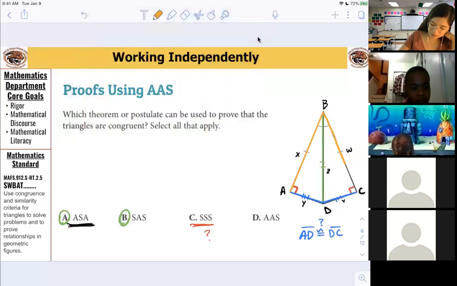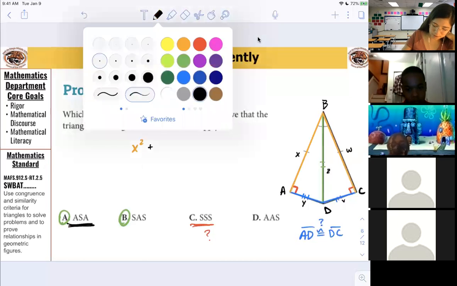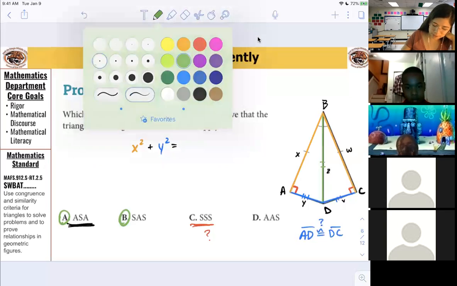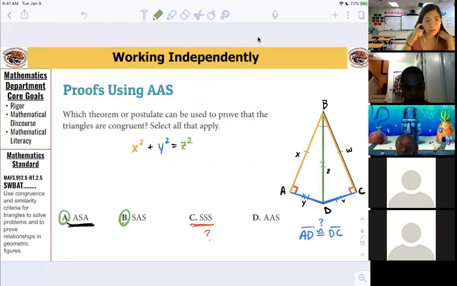On the triangle on the left side, I know that x squared plus y squared equals z squared. That's the Pythagorean theorem, right?